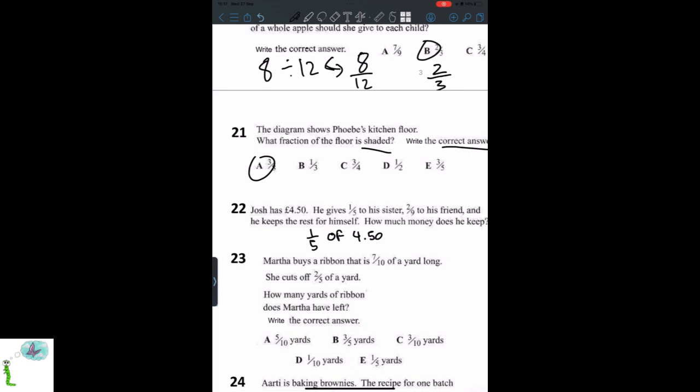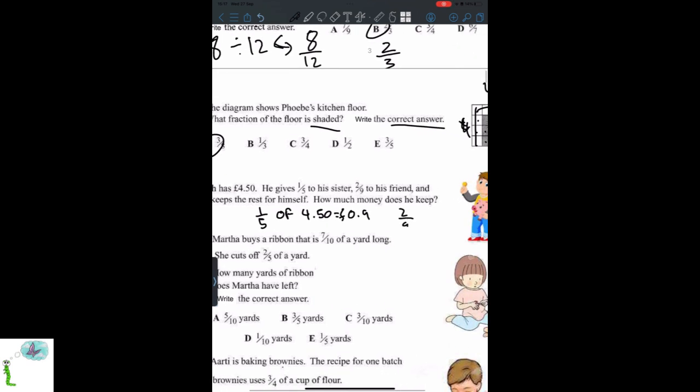To find that, we just do £4.50 divided by 5, which is 0.9, so that's 0.9 pounds. And to get 2 over 9 of £4.50, again we just times this by a fraction. We do that, and what we're going to get is 9 over 9, which is 1, which is £1.